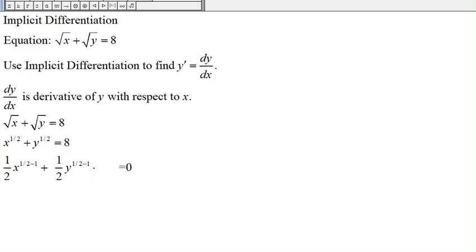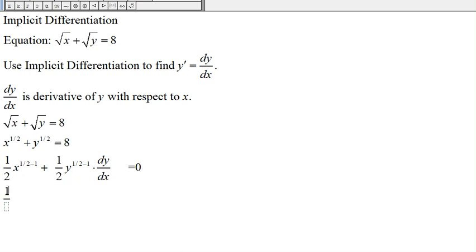And then the chain rule says that we have to do the regular derivative and then do the derivative of the y here, and then times dy/dx. Because we're doing the derivative with respect to x, and the variable here is y. So that's why we have to do the usual derivative and then times dy/dx.